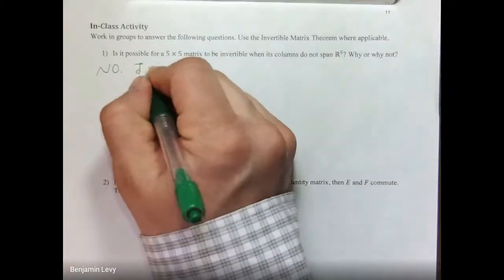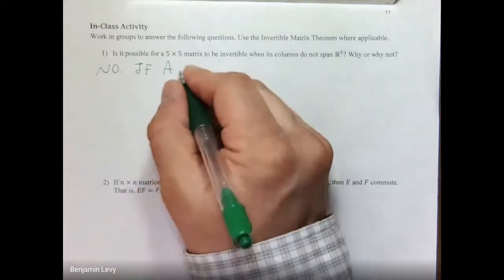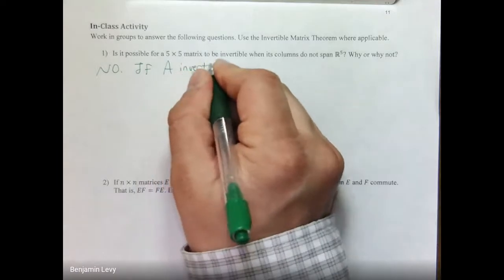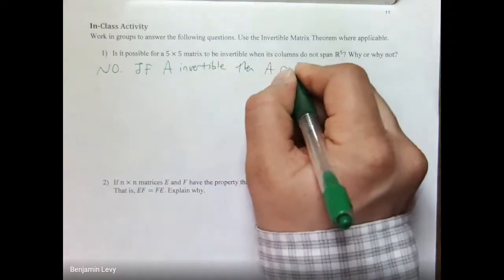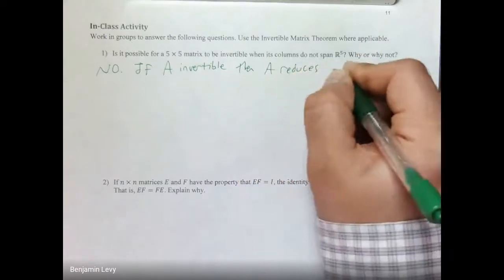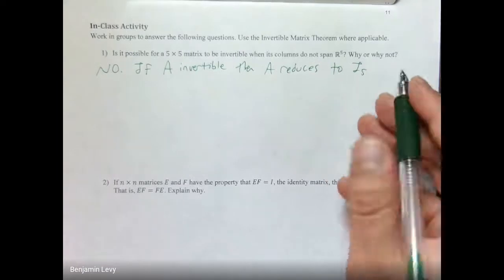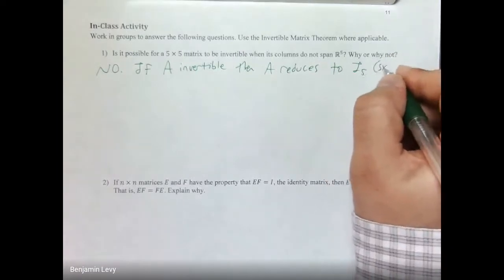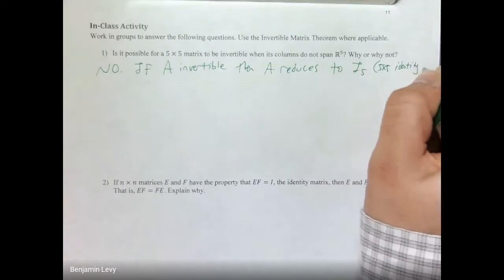Well, we know that if A is invertible, then that means it reduces to the identity matrix by definition of being invertible. So if A is invertible, then that means A reduces to the 5 by 5 identity matrix. So I sub 5 would be the 5 by 5 identity matrix.